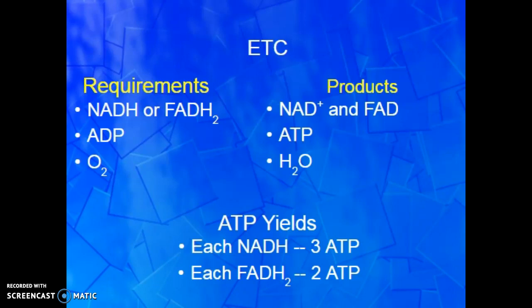Then we're going to pull the leftovers from the Krebs cycle over to the membrane of the mitochondrion, and use the electron transport chain to pull a little bit more energy out of it. So our bodies, through the mitochondrion, have become really good at making energy from the trash of our energy processes. Our ATP yields are going to be 3 per NADH and 2 per FADH2. So we're going to get several ATP per round.